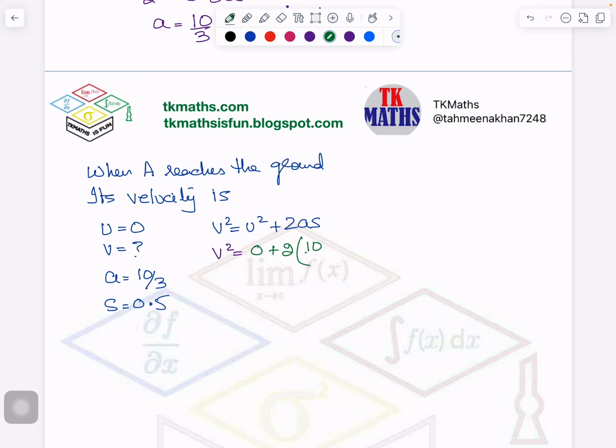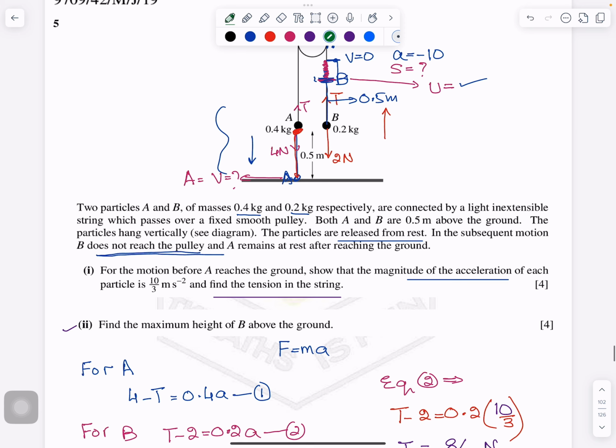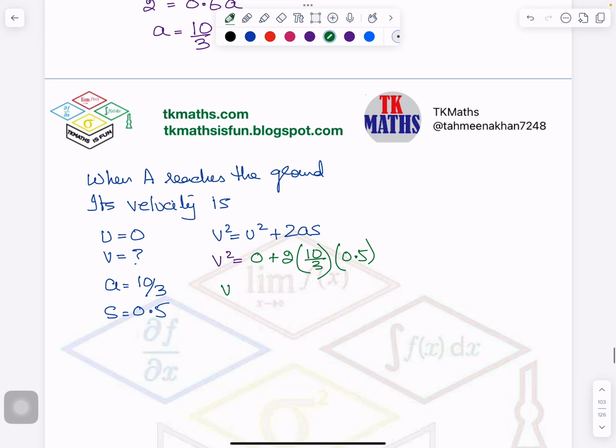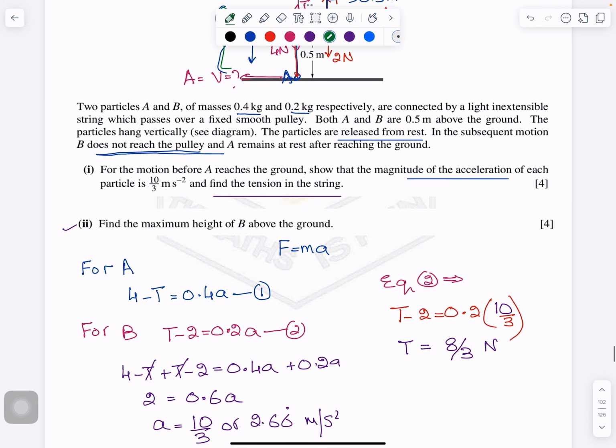Please pick up the calculator. Okay, I have just substituted the values from this point of particle A. So now V is equal to root 10 upon 3, or 1.8257 meter per second.